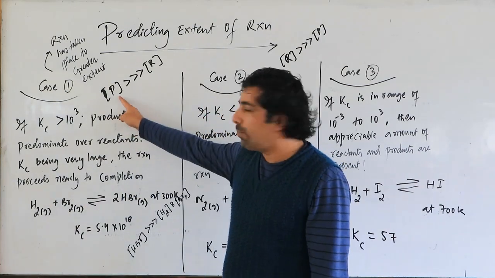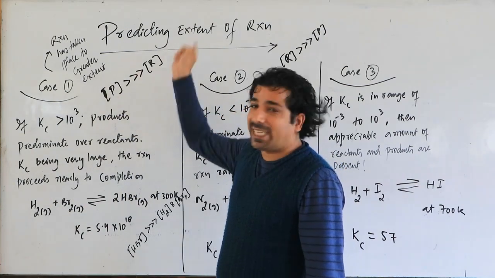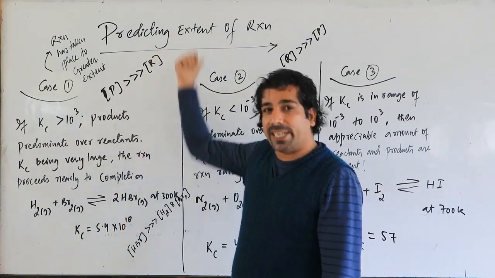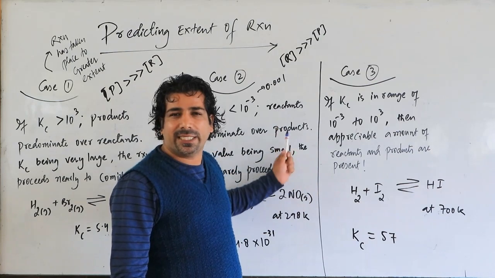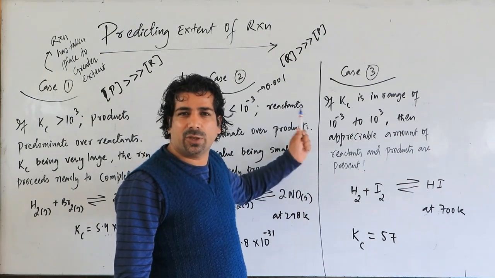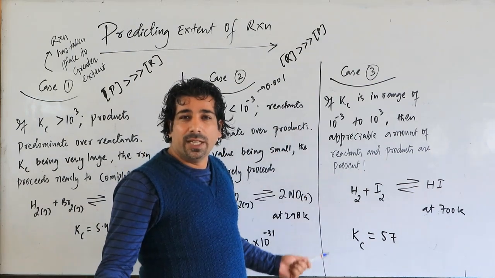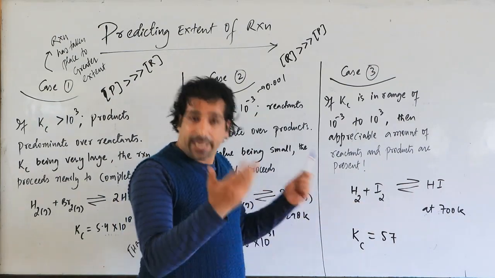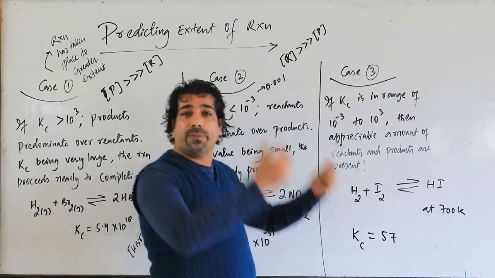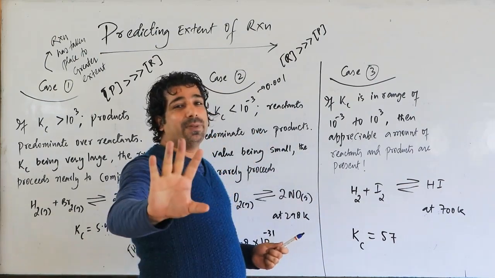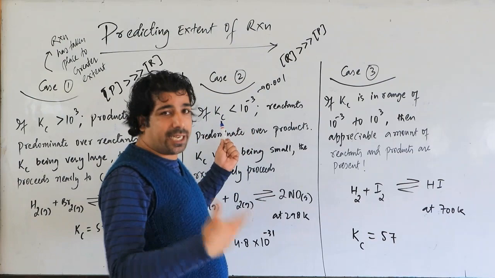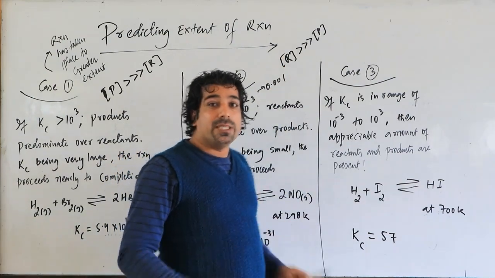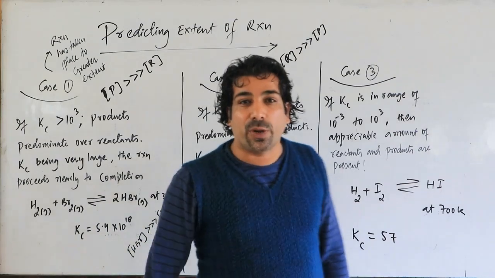Here, in the first case, the products were more, which means reactants have easily changed into products, so products were predominating over the reactants. But in the second case, when the Kc value is less than 10^-3, that is 0.001, the reactants are more than products. We found that at equilibrium, reactants are more than products. What's the meaning? The meaning is simple, because the Kc value is taken at equilibrium only. So reactants are more than products at equilibrium, which means reactants do not want to change into products.